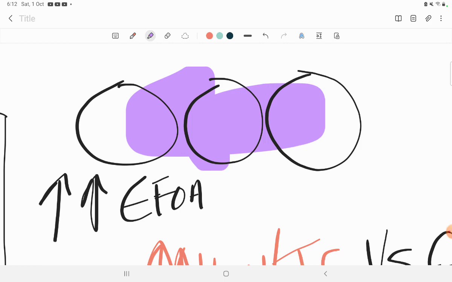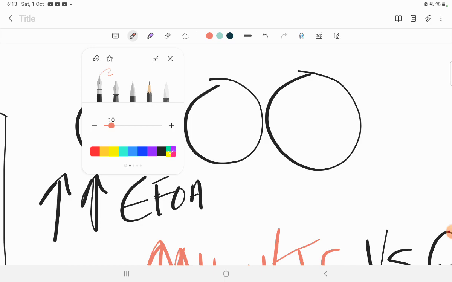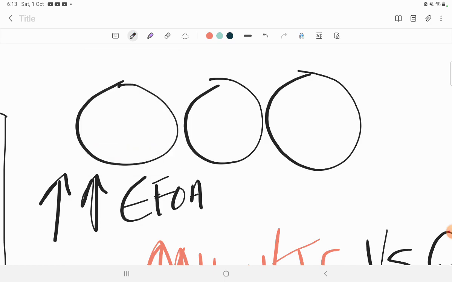So basically, when I heat this substance until it is 100 degrees Celsius, the EFOA is weakened to the point that these molecules don't have anything holding them back anymore.